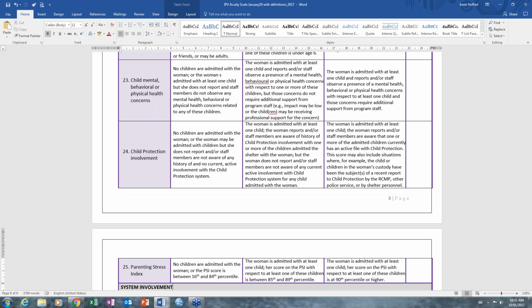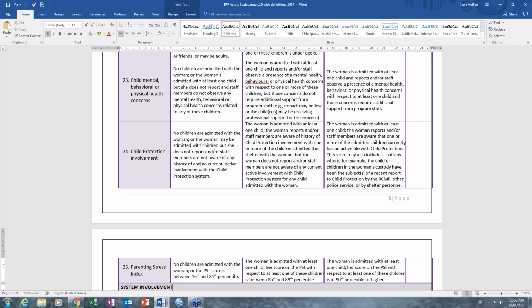Right, and for those of you that are using the parenting stress index right now, it is to be used with moms who have children between the ages of 18 months and 12 years. What we're recommending is that if she has more than one child, ideally we would ask her to complete it for each of the children, but know that the forms are very expensive.